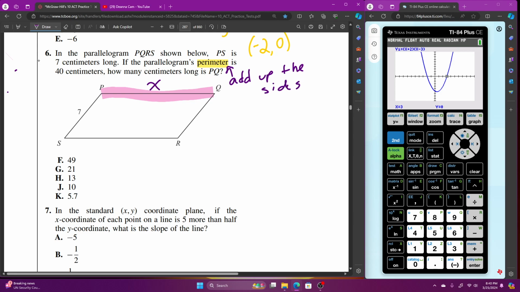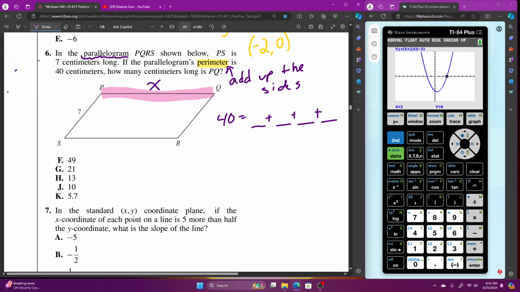So I know the perimeter is 40 equals my 4 sides. And then another important word here is parallelogram. Being that my figure is a parallelogram, the definition of a parallelogram tells me that the opposite sides are congruent, or the same, right?